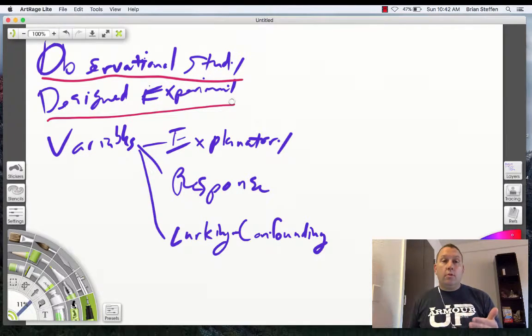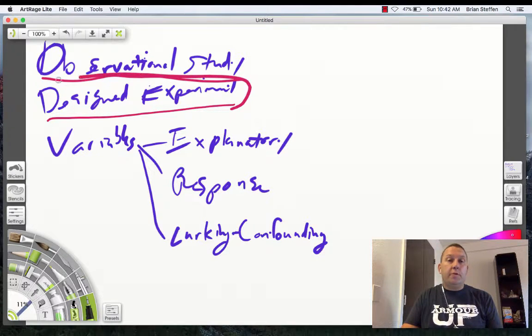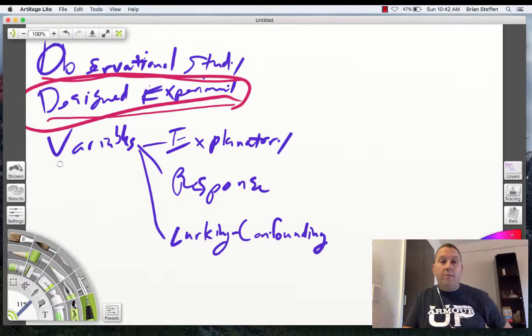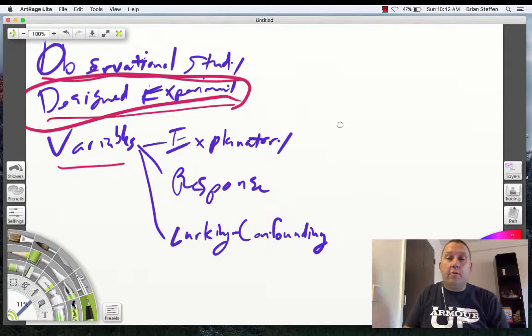All right, so in a designed experiment, which is what we're going to be doing now, we're going to start by talking about variables. Now, in the past, when we've done linear regression, we said explanatory, response, and then there's actually a third variable. So the explanatory variable, to remember, is that variable that we think helps to explain the outcomes.